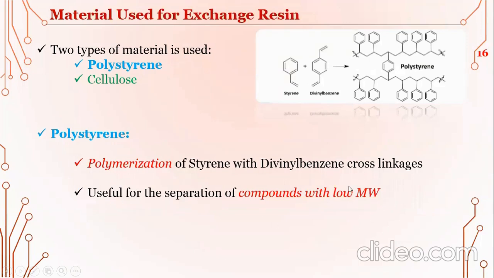So if our sample contains low molecular weight proteins, low molecular weight substances, go for using polystyrene. And it is inadequate for separating macromolecules. If you are dealing with proteins, if you are dealing with nucleic acid, don't use polystyrene, because polystyrene is meant for low molecular weight molecules.